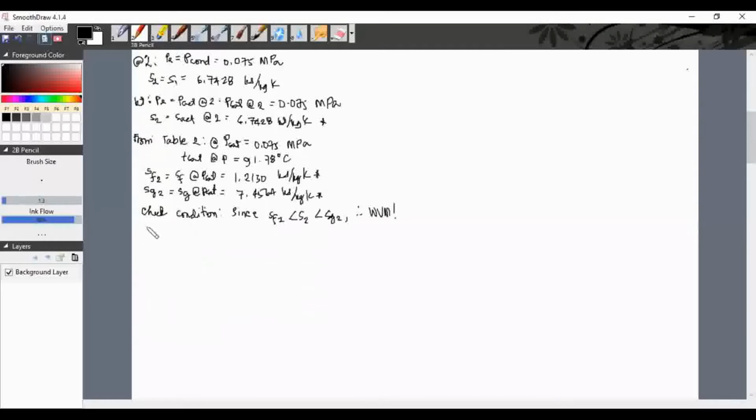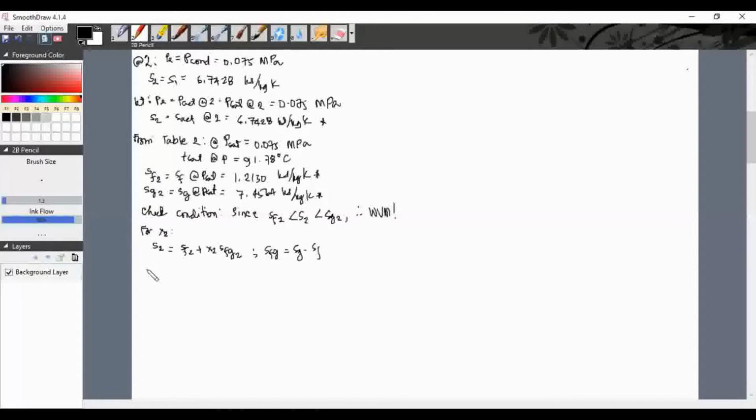So, hahanapin natin yan. So, for quality X, for X sub 2, so kukunin natin sa entropy ulit. So, property na wet vapor mixture, so you have S sub 2 is equal to S sub F2 plus X sub 2, S sub FG2. Okay. So, since meron na akong SF tsaka SG, yun na lang gagamitin ko since S sub FG is equal to SG minus SF.